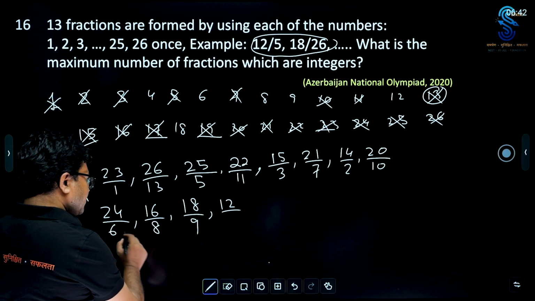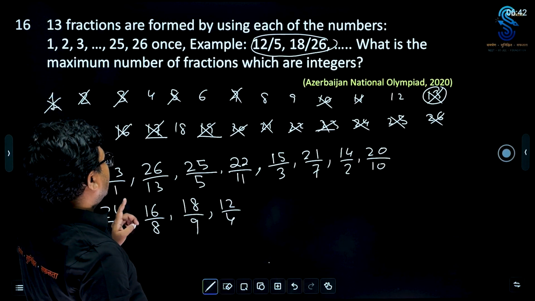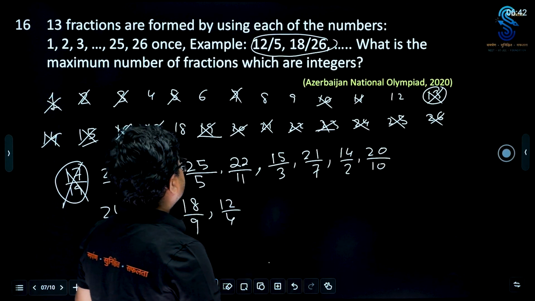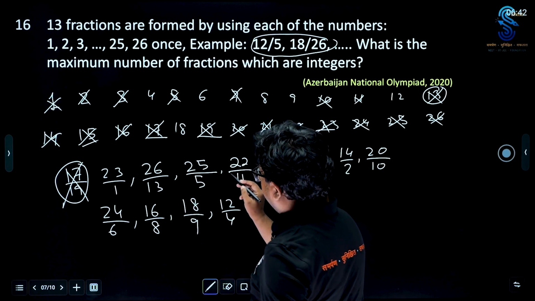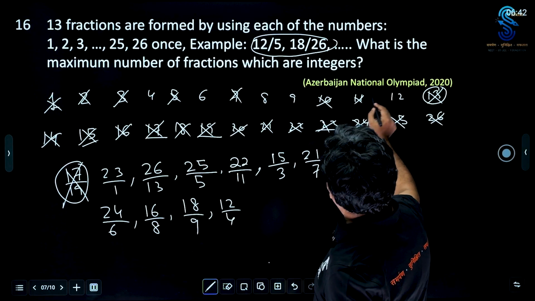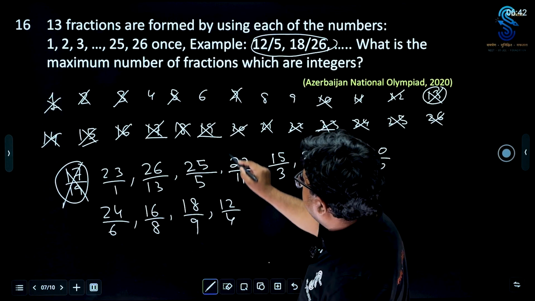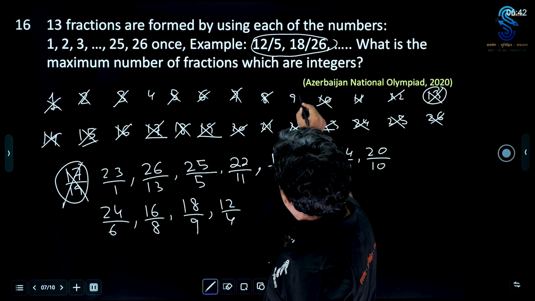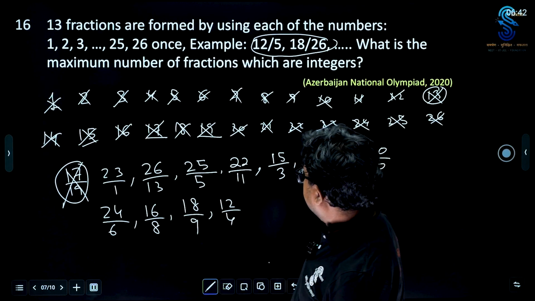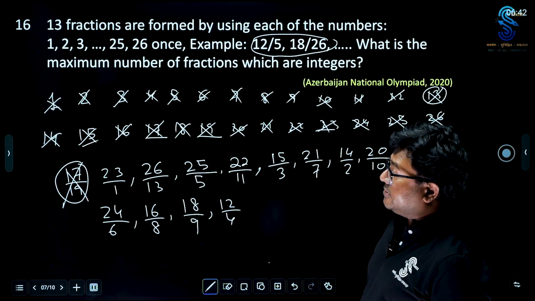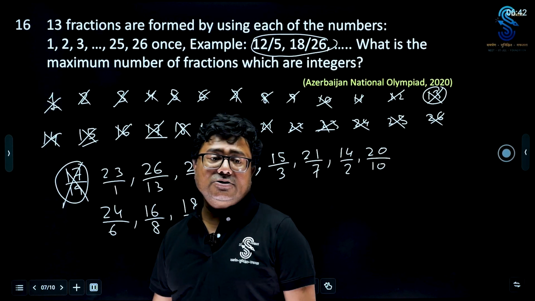You can put 6, you can put 4. So 24, 16, 18, 12, 6, 8, 9, 4. So we are getting 12 fractions which are integers, one which is not an integer.